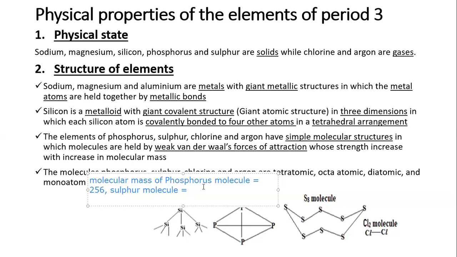So we have seen that phosphorus molecule has a molecular mass of 256. Then the molecular mass for sulfur molecule is, someone type it in the chat. Each atom of sulfur is 32, then times 8.